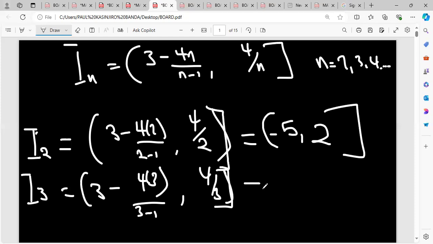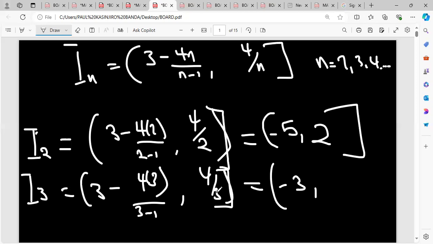So when you calculate this, 4 multiplied by 3 is 12, divided by 2, which will be 6. Yeah, and then 3 minus 6 will just be -3. And then here is just 4 divided by 3.